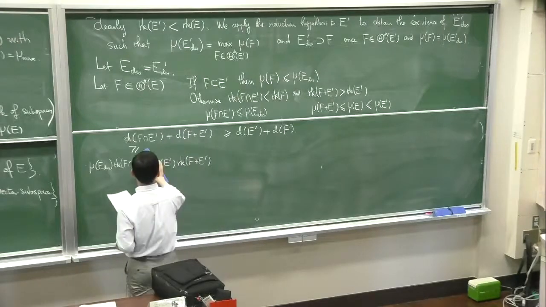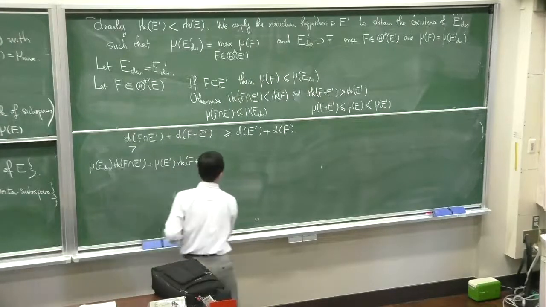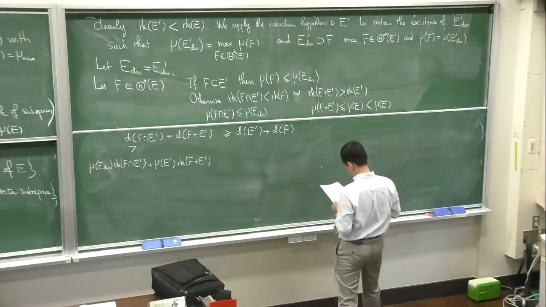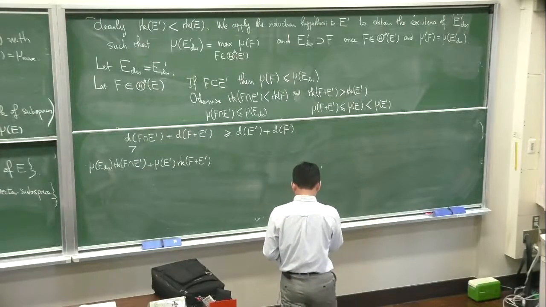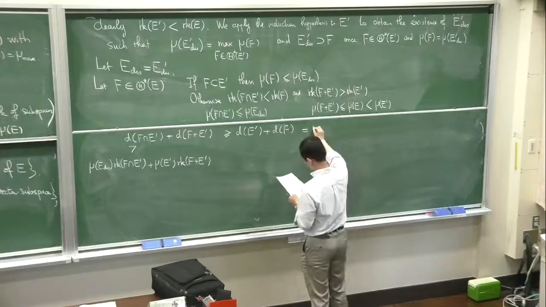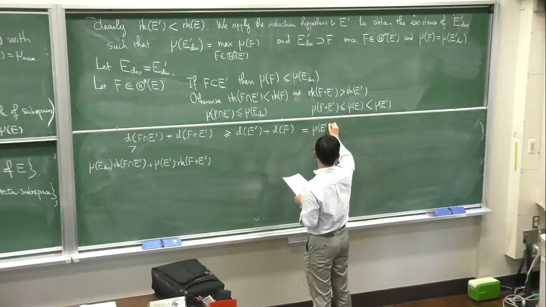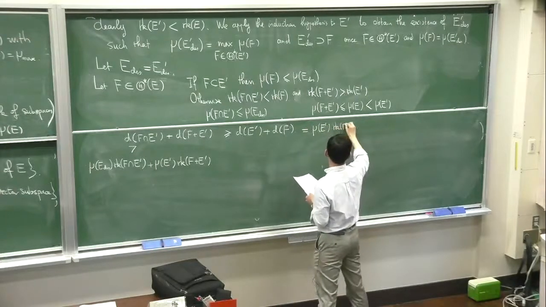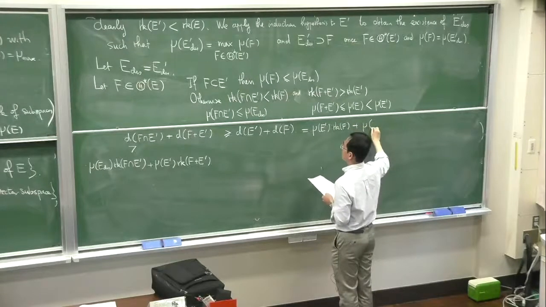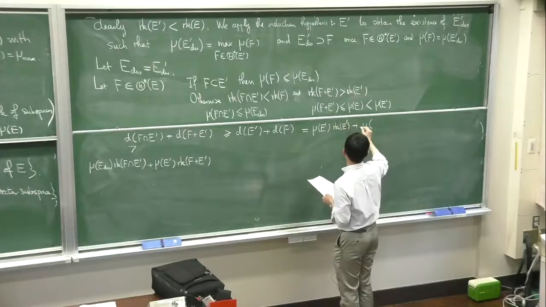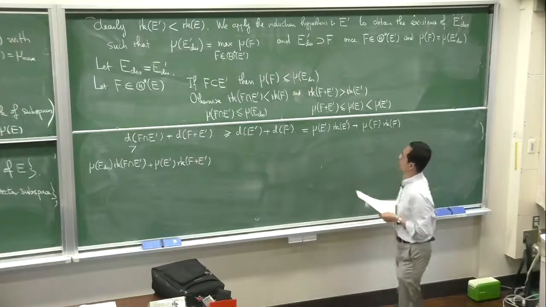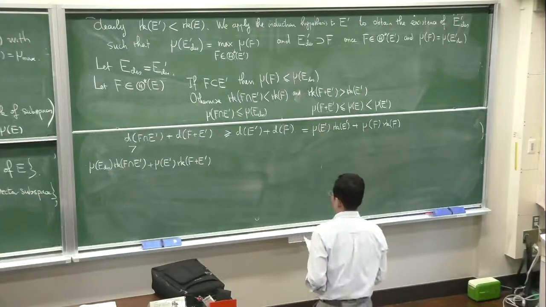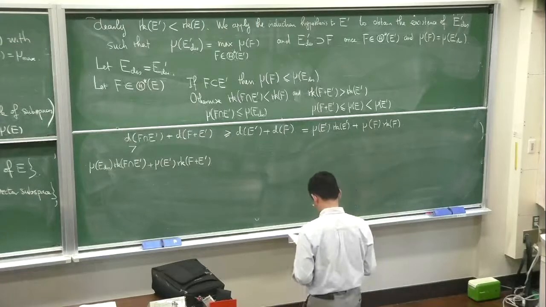So this inequality is strict because we have a strict inequality here. And then here you have the slope of E prime times the rank of f, plus the slope of f times the rank of f. Okay.